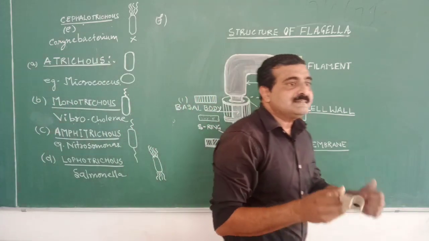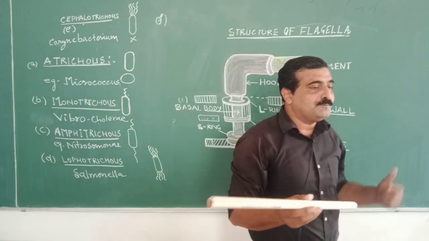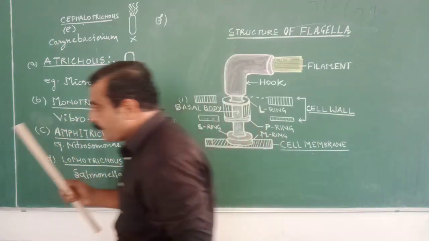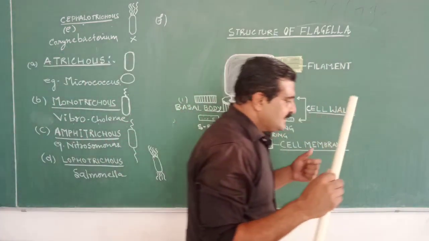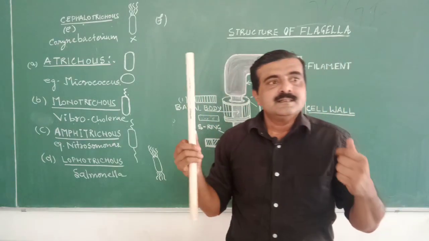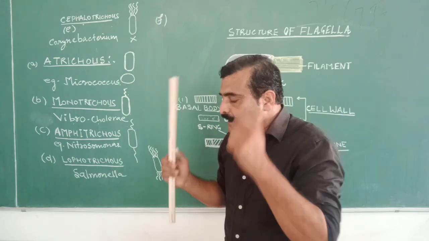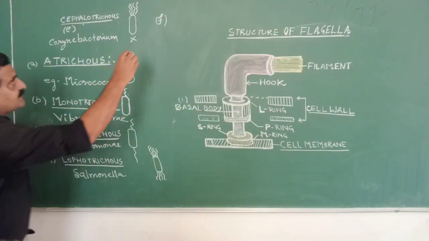This is the classification, and you can say the type of bacteria which is based on the number of flagella as well as their arrangement in the bacterial body. Now another last type is this.